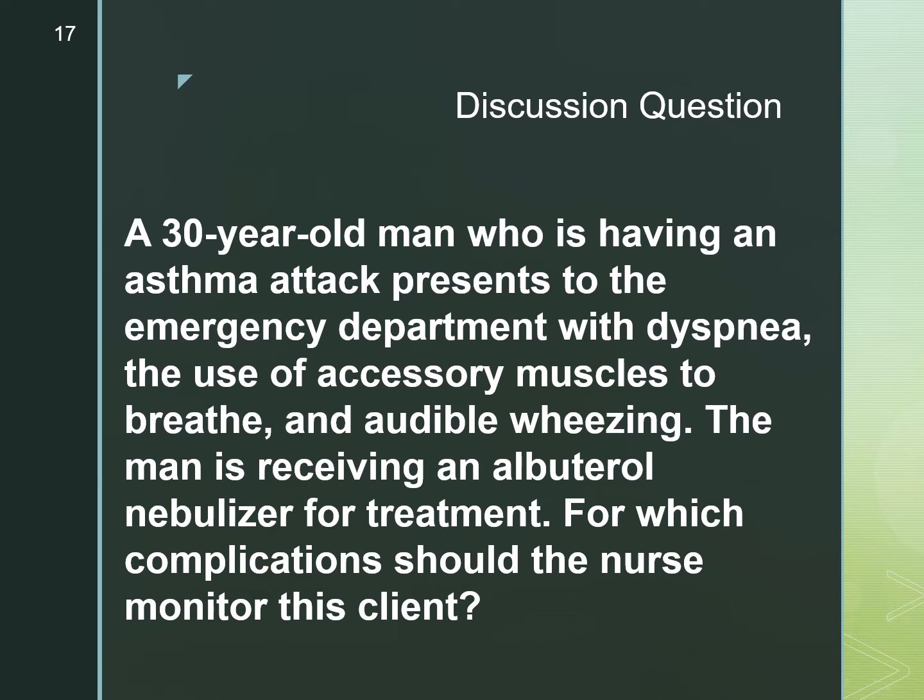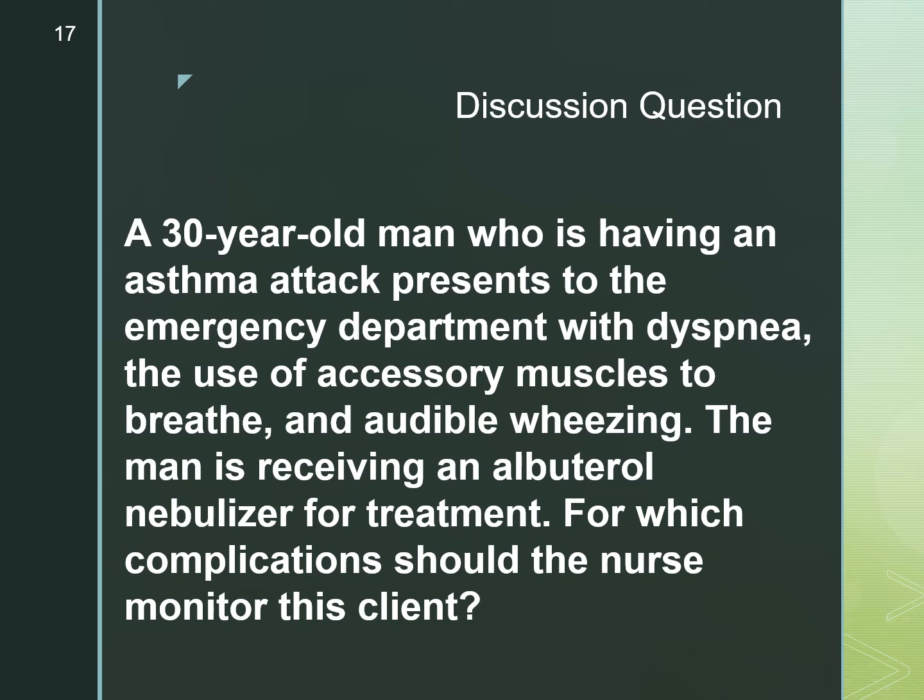Repeated episodes over time do cause a variety of complications, and this includes enlargement of the bronchial smooth muscle, thickening of the tissues in the airways, hypertrophy of the mucus glands, air being trapped in the alveoli, and hyperinflation of the lungs.